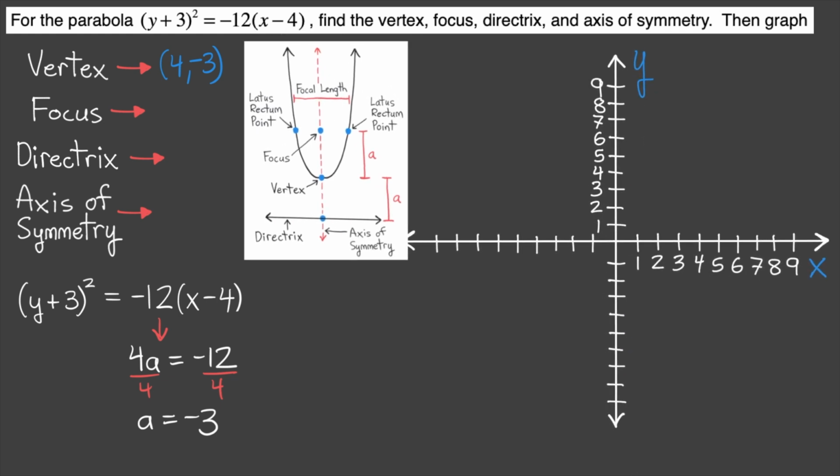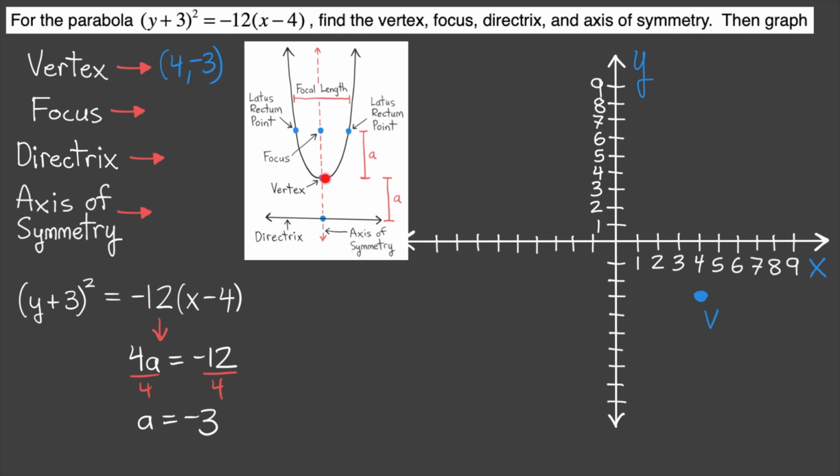All right, so let's start off by graphing our vertex 4, negative 3. So we're going to go right 4, down 3, which will take us to right there. So that is our vertex. I'll label that as our V. And then our focus is the next thing we want to find. So a is negative 3.